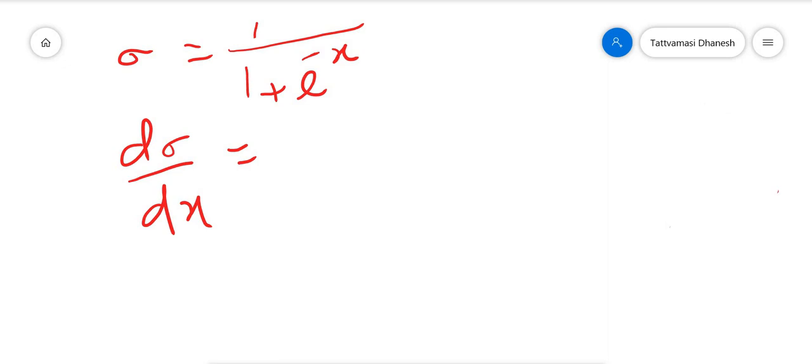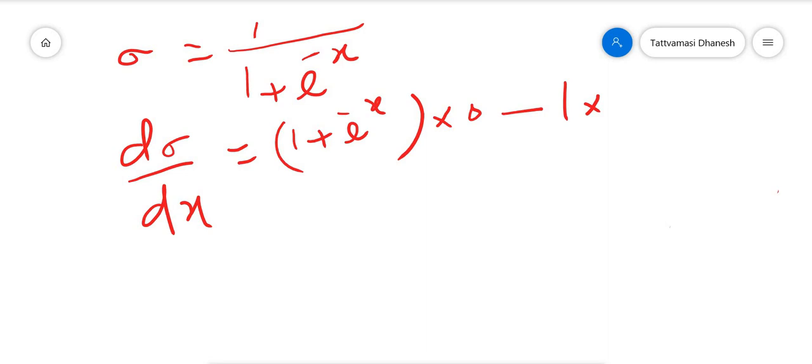So v into du by dx. What is v here? It is 1 plus e raised to minus x, into the derivative of u. The derivative of 1 is 0, minus u into dv by dx. U is 1, so 1 into dv. What is the derivative of v? V is 1 plus e raised to minus x. The derivative of 1 is 0, and e raised to minus x gives e raised to minus x into minus 1, because the derivative of e raised to x is e raised to x.